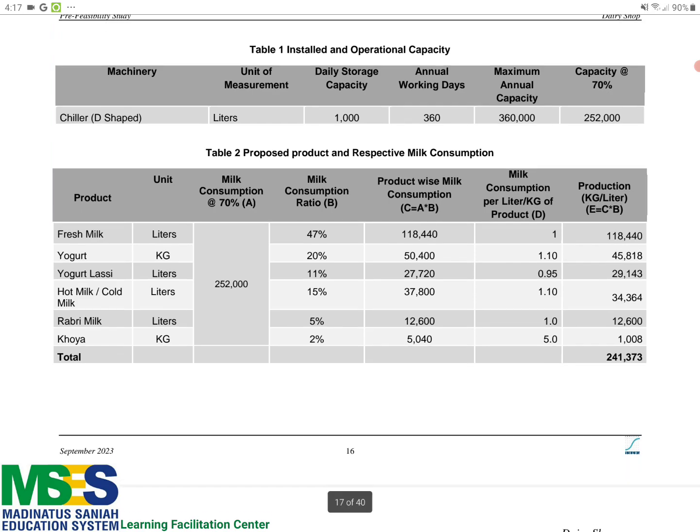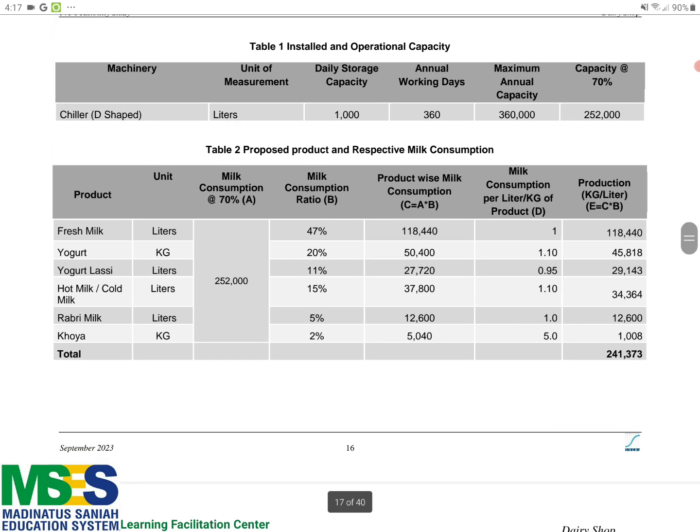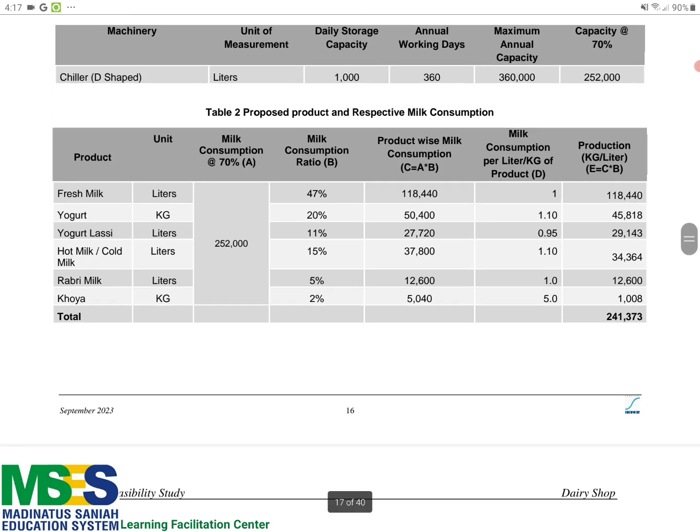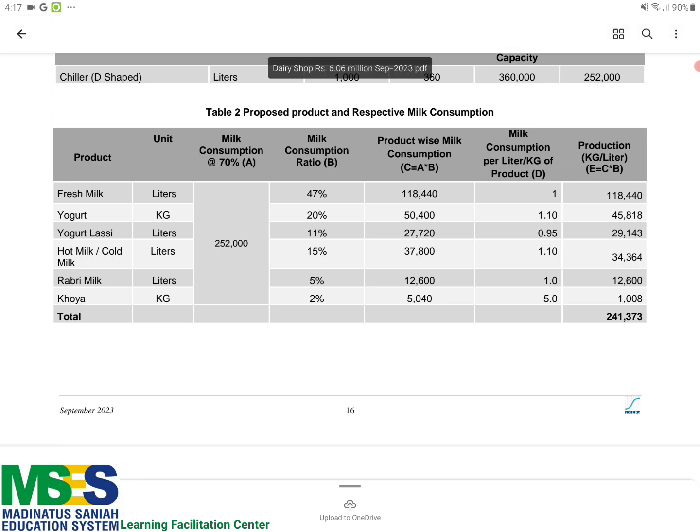So what I can see in this slide is that you have 252,000 liters capacity, and you will use this capacity in producing all these things. Some of it will be sold as fresh milk, some of it as yogurt. How much milk will be sold as plain fresh milk?